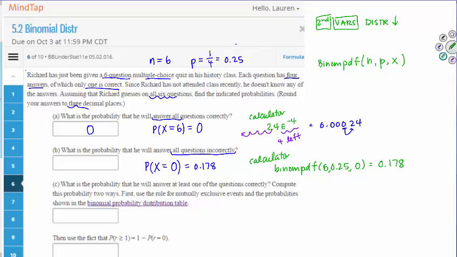Now, the probability that he answers at least 1. These questions are tricky. First, we'll use the rule for mutually exclusive events and the probability shown in the table.